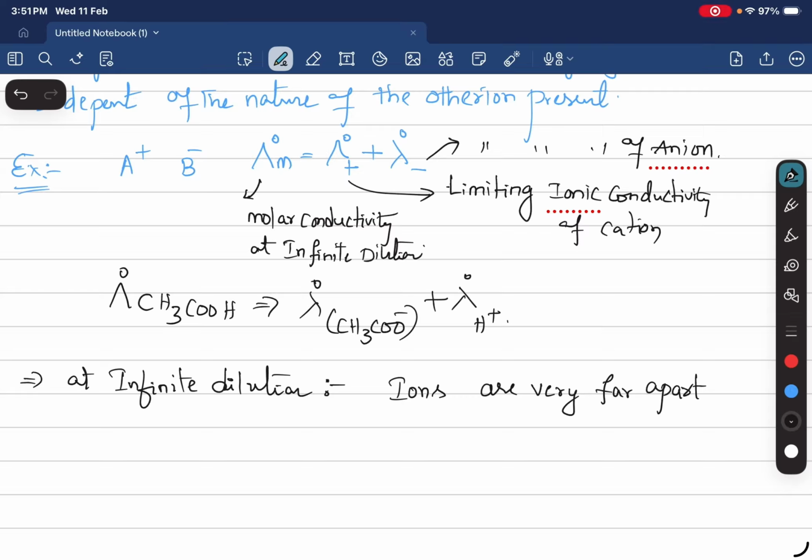Ions move away from each other, so the attractions between them are less, which means no interactions. If there are no attractions or interactions, the ions move with high velocity, so each ion moves independently. So the ion movement itself is the conductivity.